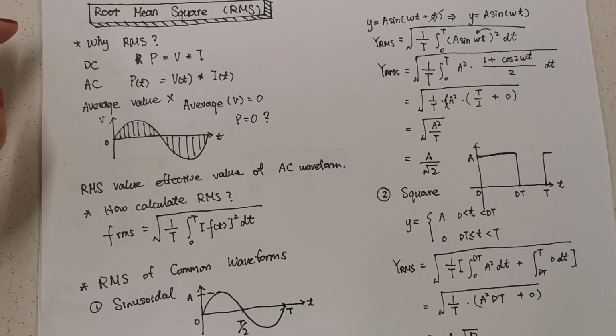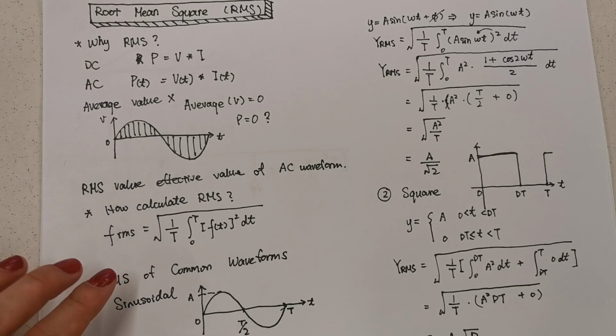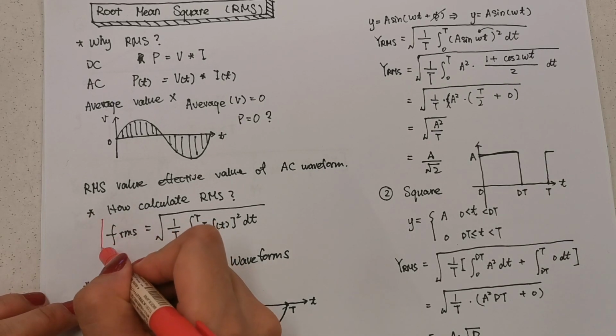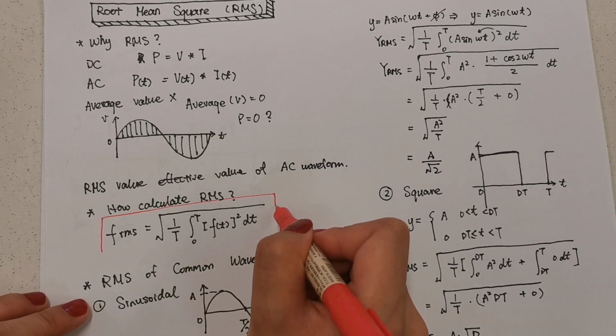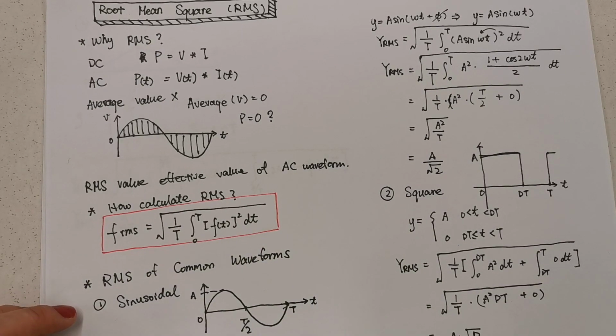In this video, we first found out why we need to use the RMS value, and then we talked about the definition of the RMS value. Here we have our definition function, and then we calculated the RMS value of 3 common waveforms.